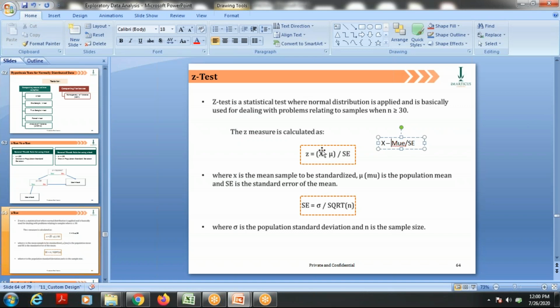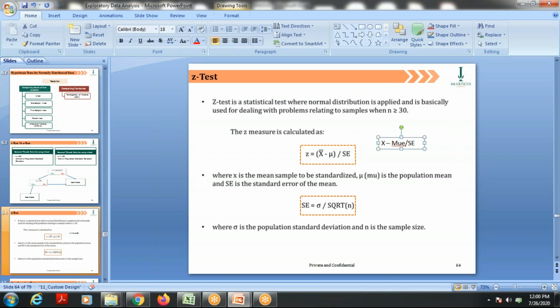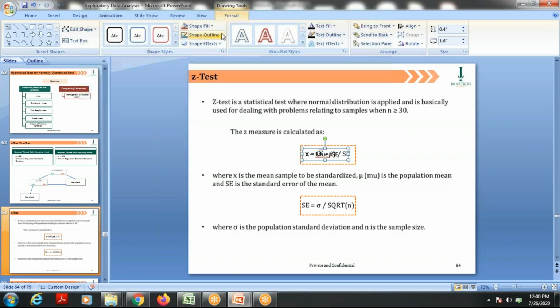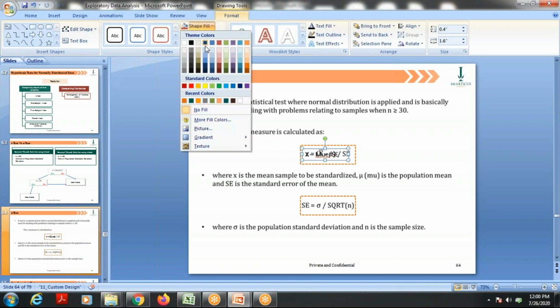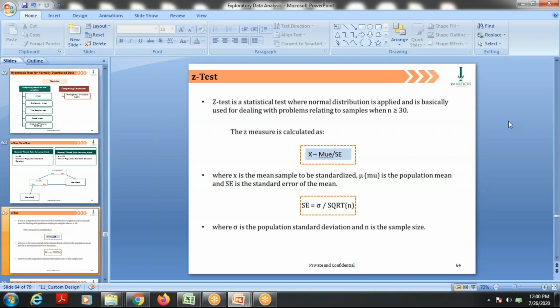Okay. What you said was this formula. Yeah, remember that formula. Reason being, the other formula which is given here, I'm just going to overwrite here. This is the correct one, I think, the way it is given. Yeah, remember this formula: x minus mu divided by SE.